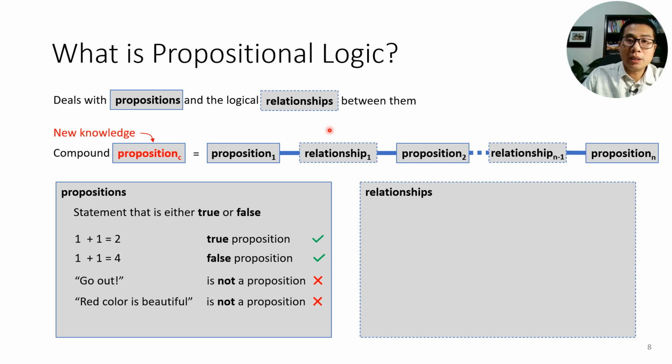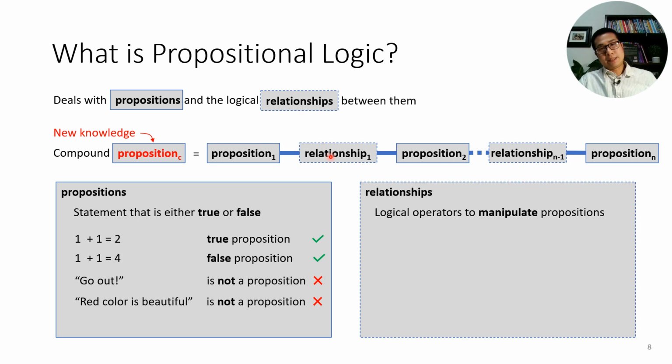The next topic is the relationships, where we manipulate the bit sequence, or the propositions, in order to create a new compound proposition, or new knowledge. The logical operators are used to manipulate propositions. And why do we need to manipulate them? Because we want to create new knowledge in terms of a new proposition, since we're going to create a new bit for the computer.